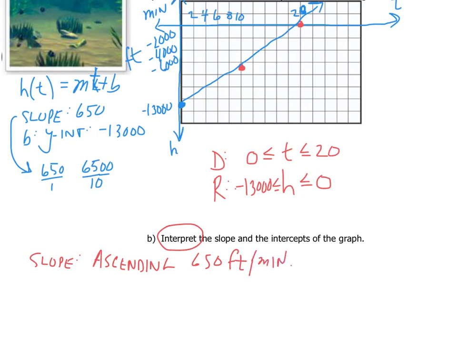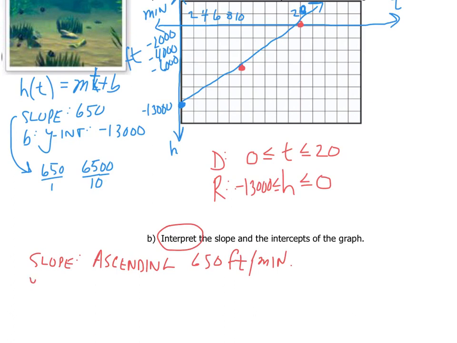That's really an abbreviated way of saying that. Okay, the slope is telling us the speed or rate of change of how our height is coming up to the water. We're ascending 650 feet per each minute.